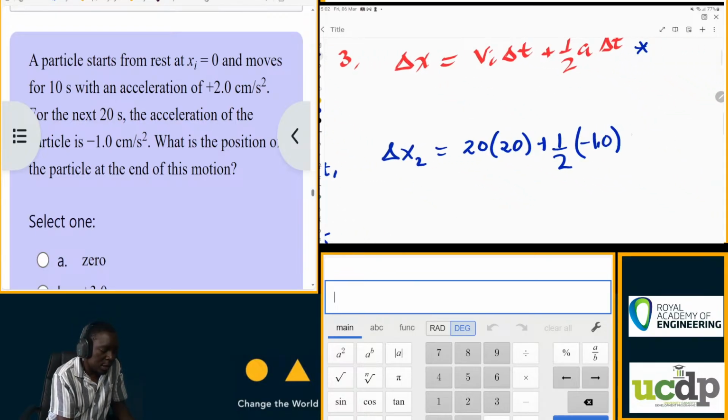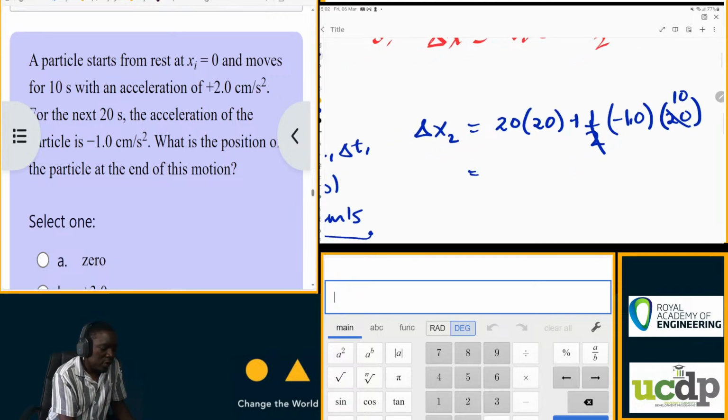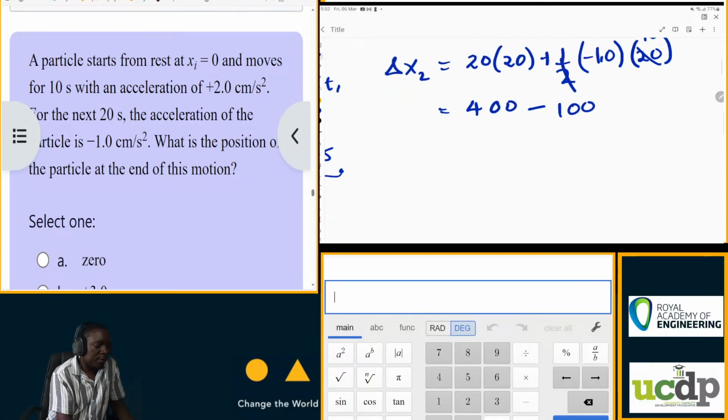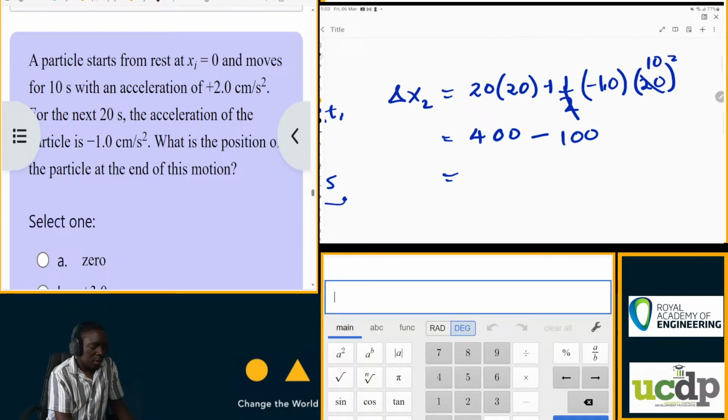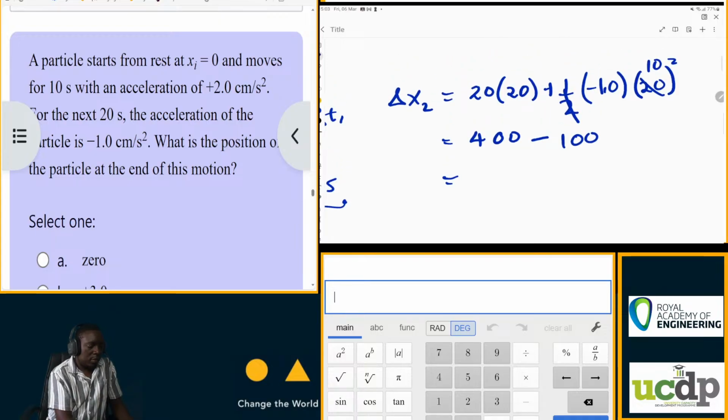And delta t is the same, 20. So this and that gives us 10. And we've got 400 minus 100. That's 10 squared, half 80 squared. So this gives us, sorry, I was not supposed to even do this.